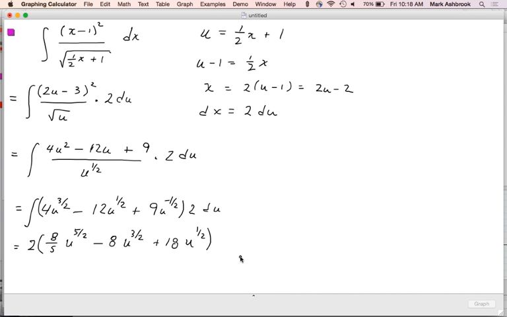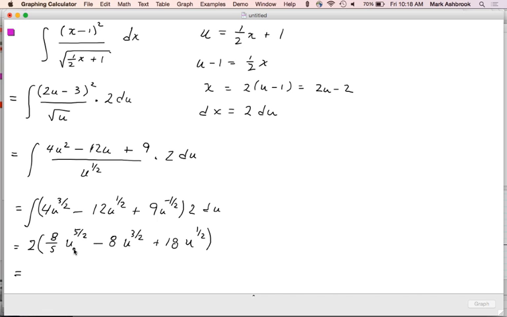How did I do? Did I make a mistake, or is this right? I think 4, that's right. And -12, that's right. And 9. I think I got it. Now what? Yeah, so now I've got to change this back into x.